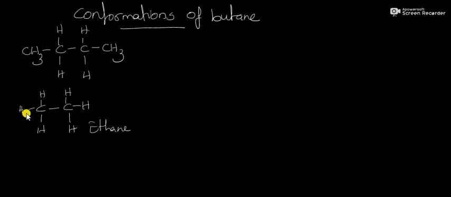In the case of ethane, one carbon is attached with three hydrogen atoms, whereas in the case of butane, the central carbon atom is connected with two hydrogen atoms and one CH3 group.